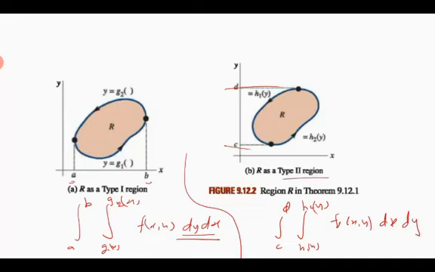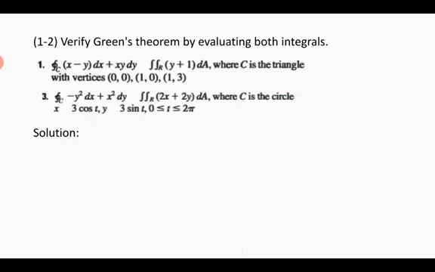You should remember this, which we studied in calculus 2, to evaluate the right hand side where there is a double integral. Now let's verify Green's theorem by evaluating both the integrals. They have given both the terms. The left hand side is equal to the right hand side. The left hand side is the integral of P dx plus Q dy. The right hand side should be Qx minus Py.